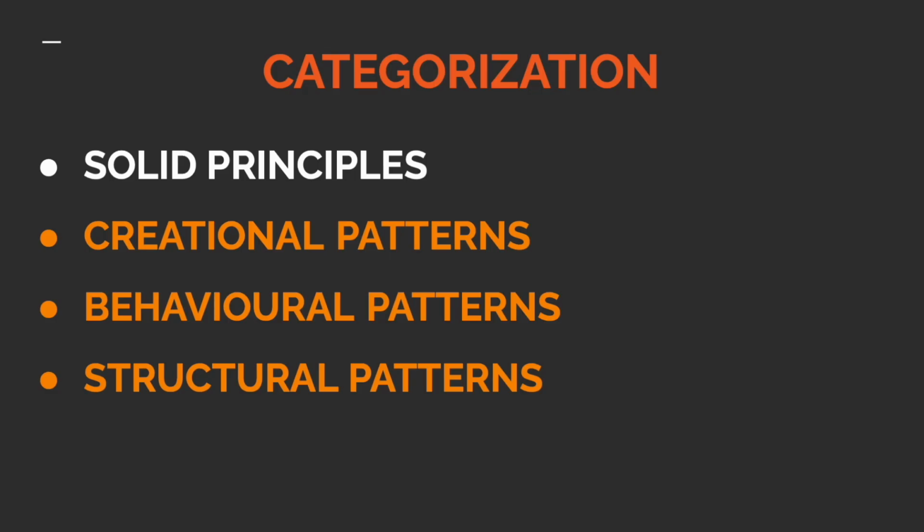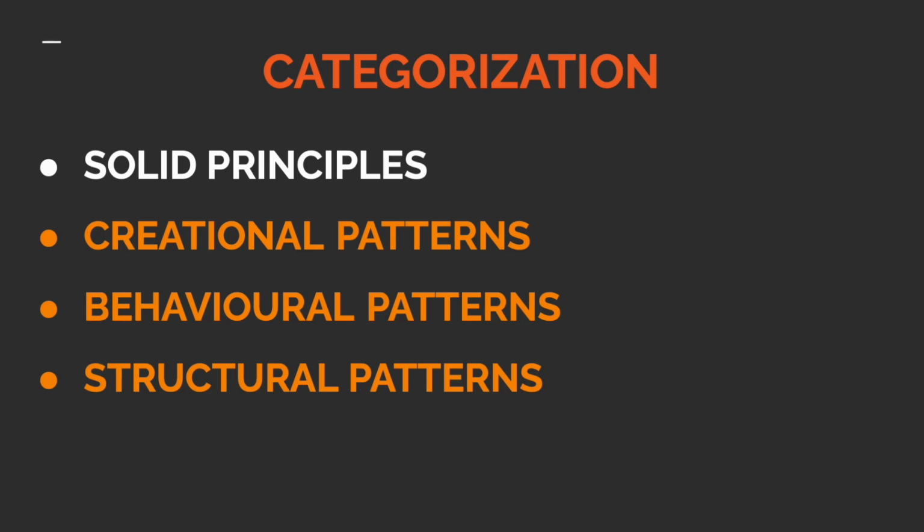Now coming to the categorization, these design patterns are basically divided into three categories. Down here are the SOLID principles. They're not exactly design patterns, but rather an acronym used to represent the five fundamental principles of object-oriented design: single responsibility, open-closed, Liskov substitution, interface segregation, and dependency inversion.